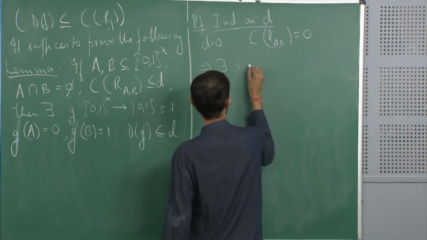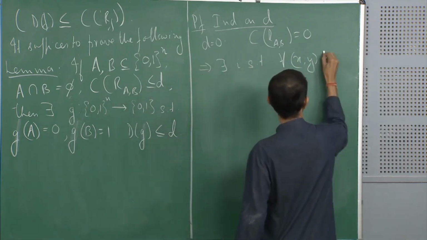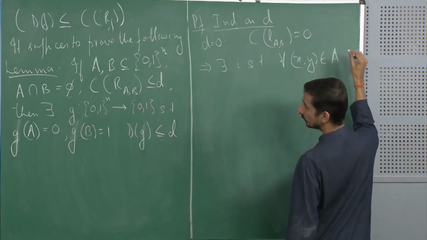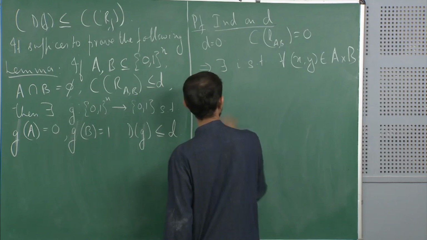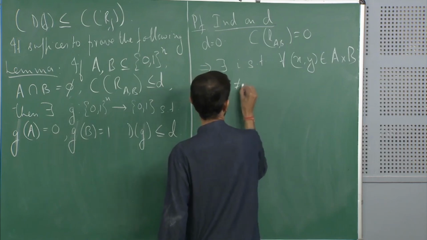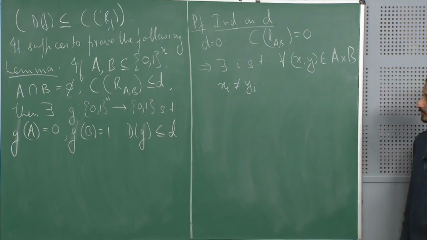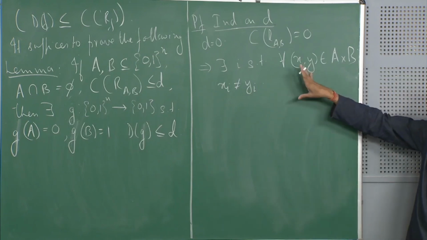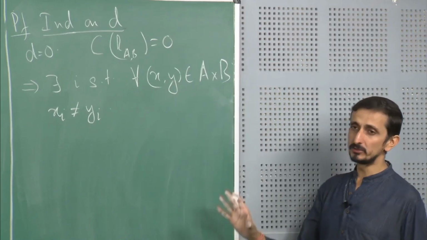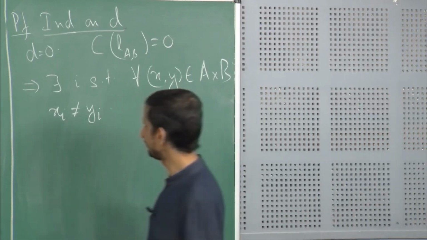So there exists i such that for all x, y belonging to A cross B, xi and yi differ. Which means that no matter what x Alice has and what y Bob has, they would just output i. They don't need to communicate anything.